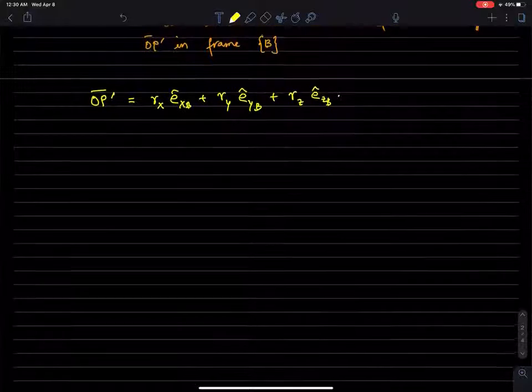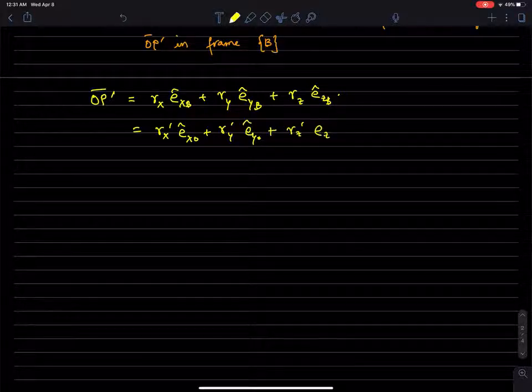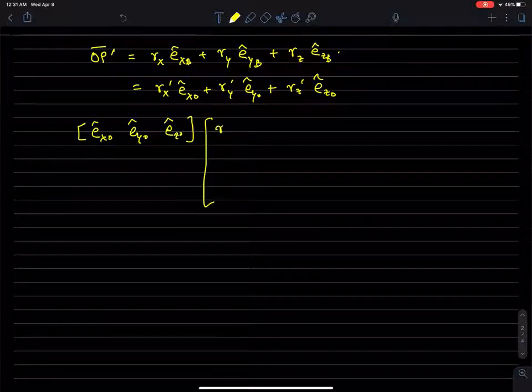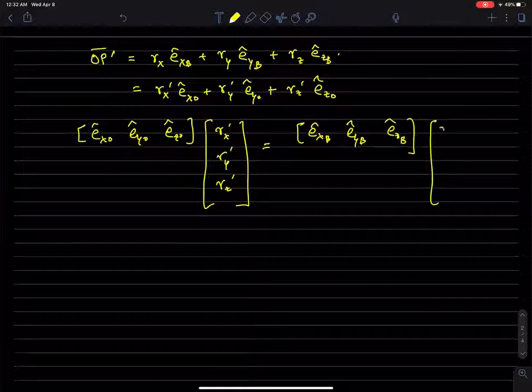Okay, and of course by definition this is equal to Rx dash EX naught plus Ry dash EY naught plus RZ dash EZ naught, which is EX naught EY naught EZ naught times Rx dash Ry dash RZ dash, equals EXB EYB EZB times Rx Ry RZ.